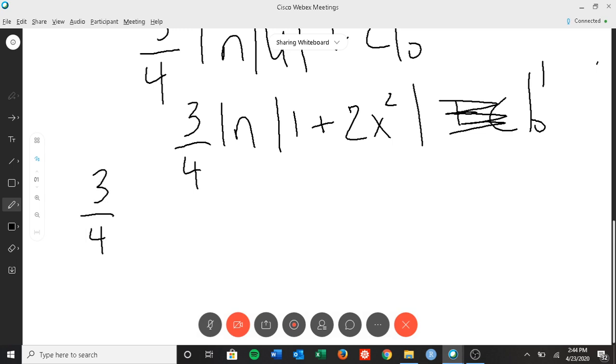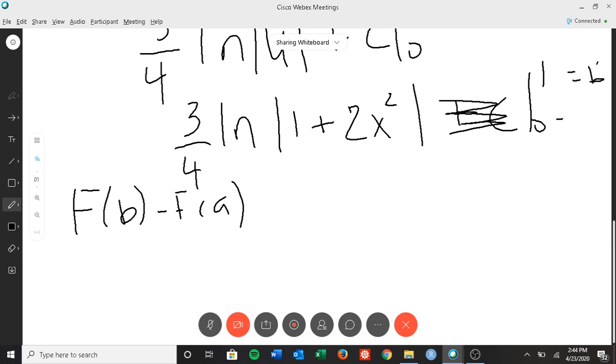So I'm going to start by plugging in our values. So we'll start with 1, because remember, our formula is f of b minus f of a, and this is our b, and this is a.